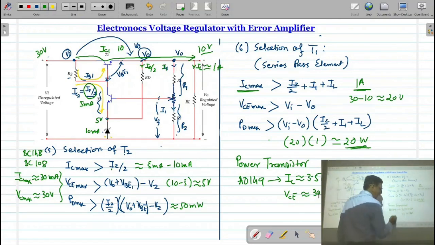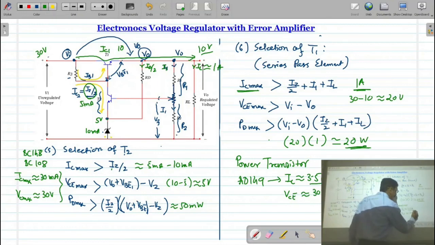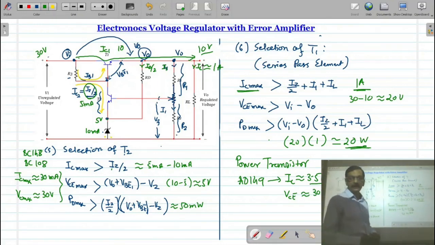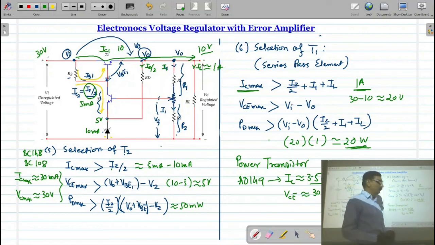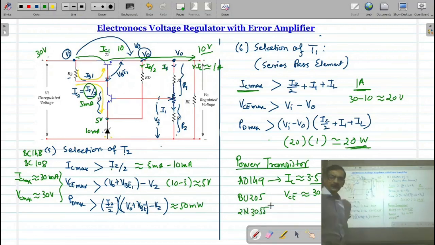I don't know exactly, but the collector current capacity is very large, so naturally the power dissipation will also be very large. So here you have to use a power transistor like the AD149, or the BU205 or 2N3055. These kinds of transistors are used as a series pass element in the regulator circuit.